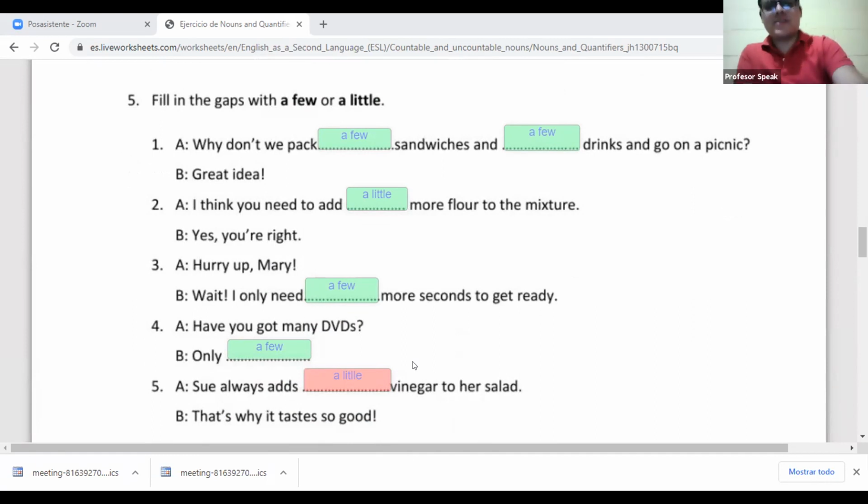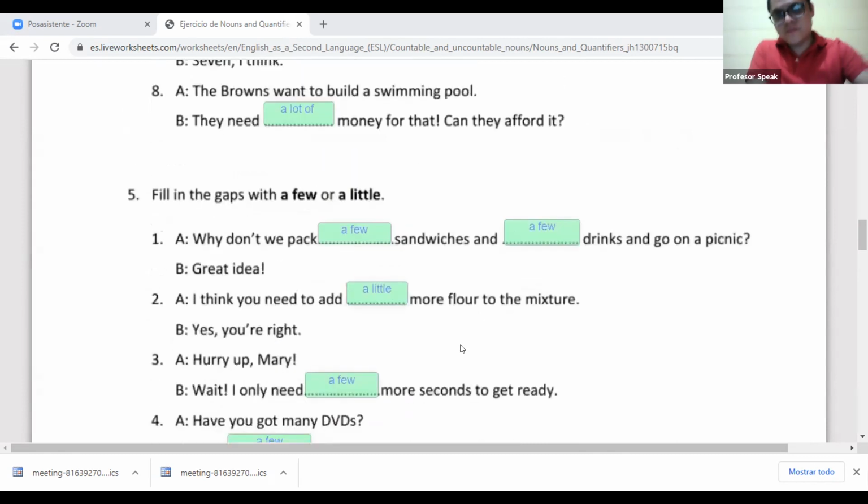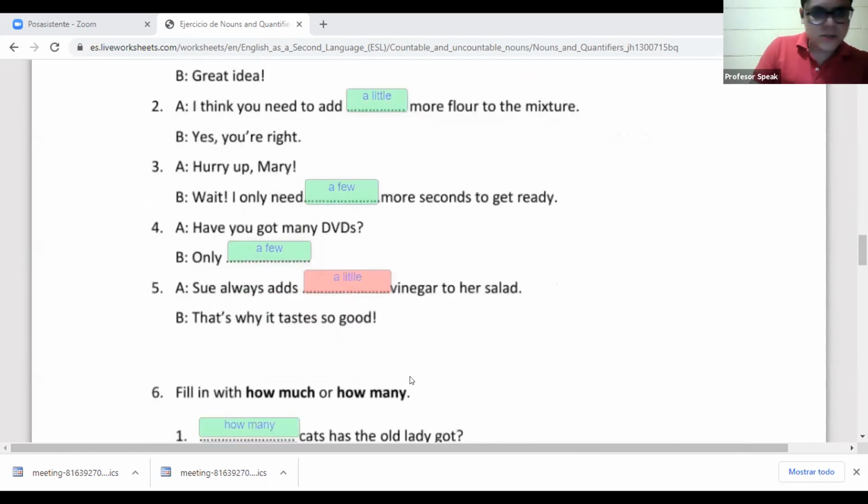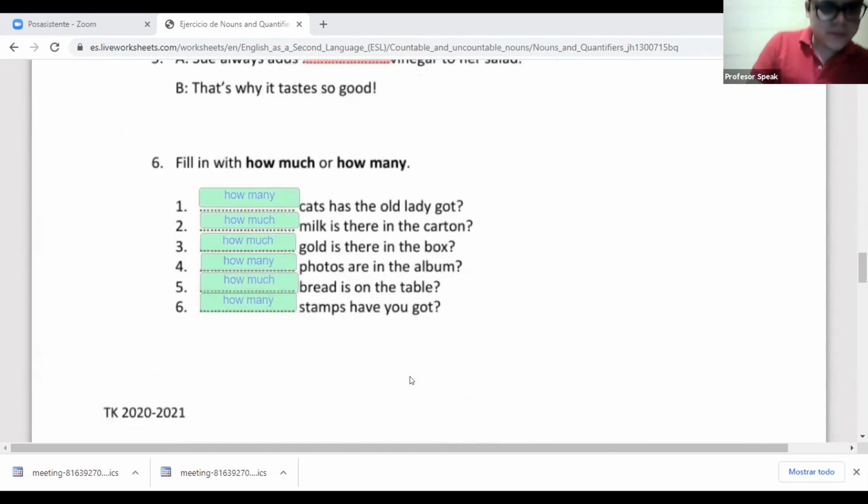So there's a problem with this worksheet, guys. In number 5, when you're offering in the question, because vinegar is not countable, we use little for uncountable nouns. So this is correct. All right, scroll down. Oh, you have the part correct.